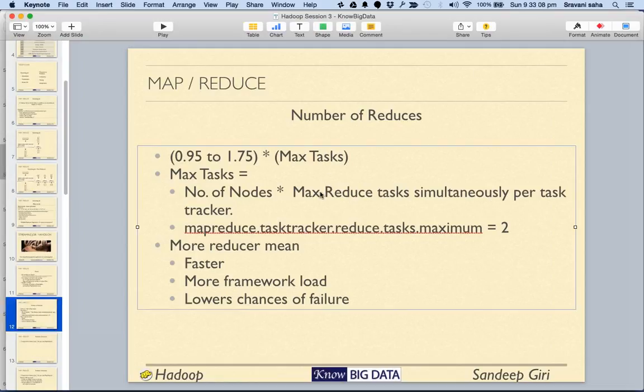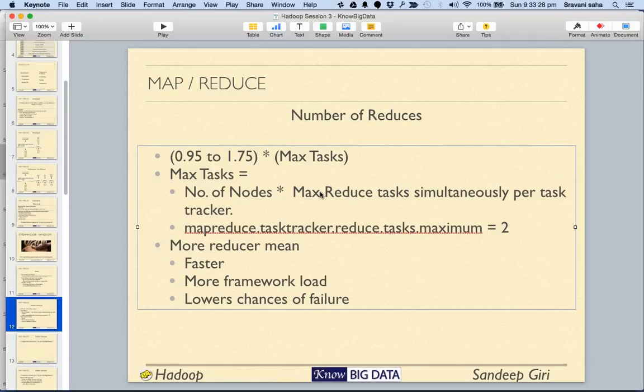The total number of reducers is a sort of arbitrary number, and is more of an instinct than mathematics. But still, here is something.